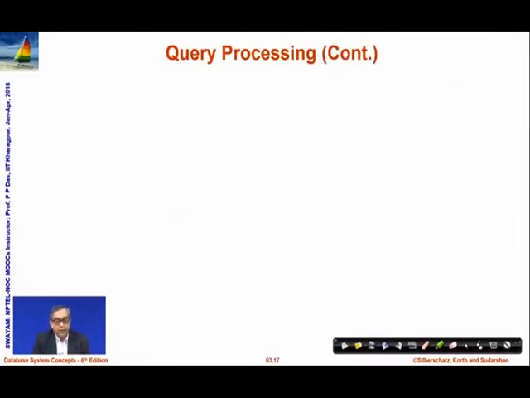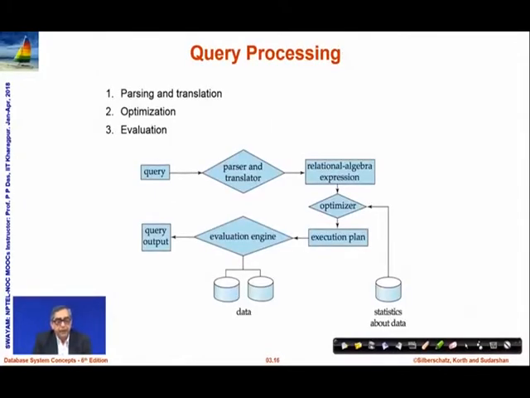Moving on, the query processing: we have already talked about the language, the DDL, the DML, the query language. So, it is like a C program, a text based programming code. Naturally, that code needs to be parsed and translated as we typically do in a C compiler. So, there needs to be a query compiler.